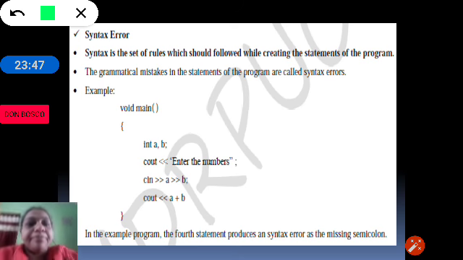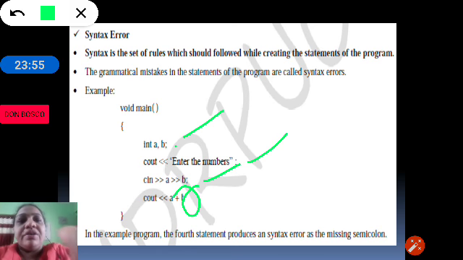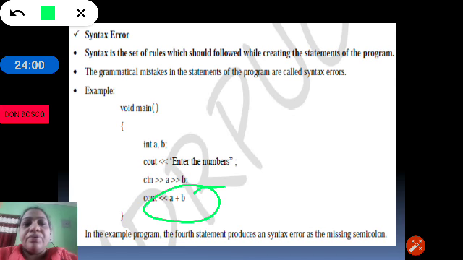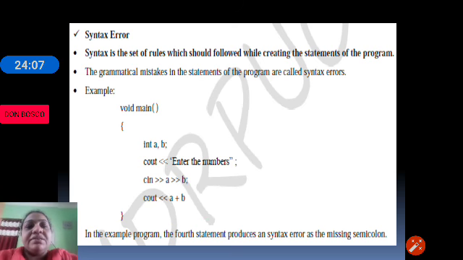You can see all the other statements end with a semicolon, but here we have forgotten to give it. So when we miss the semicolon, we get a syntax error. Not only semicolons, but any syntax errors and spelling mistakes. Sometimes you put a full stop in place of a comma, or a semicolon in place of a colon. In such cases we get syntax errors.